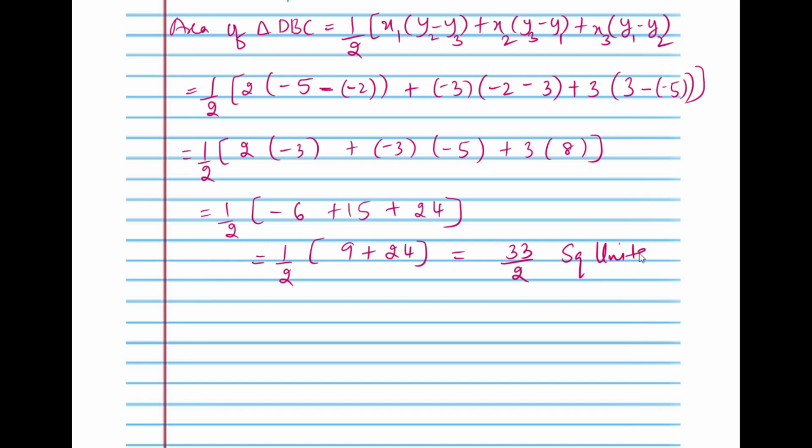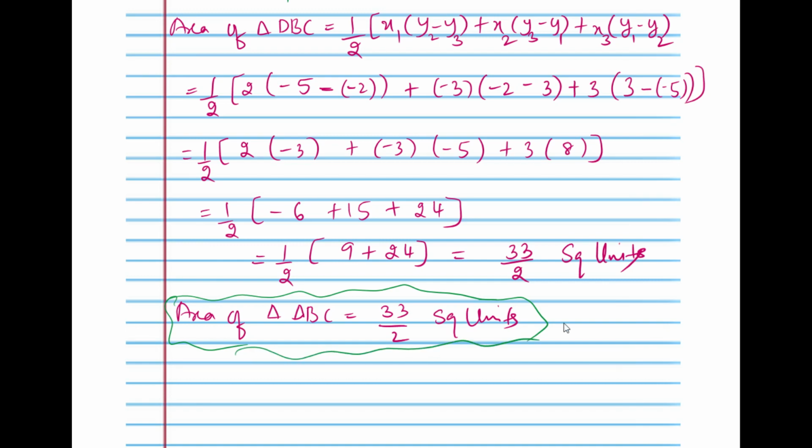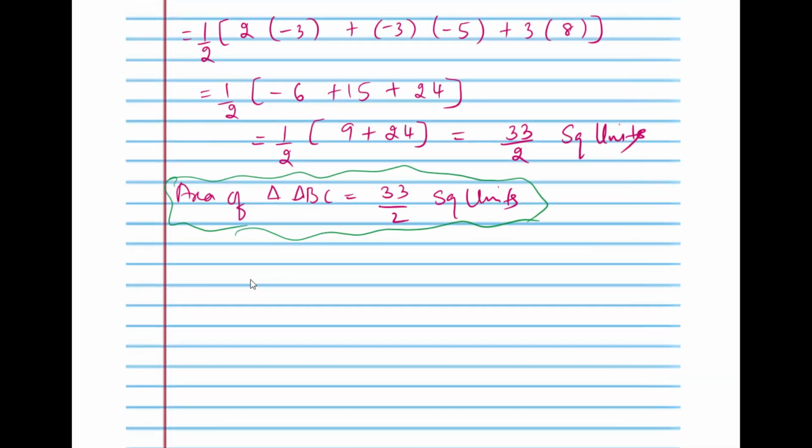square units. Now area of triangle DBC equals 33 by 2 square units. Students, what we need to find out? We need to find out the area of quadrilateral ABCD.